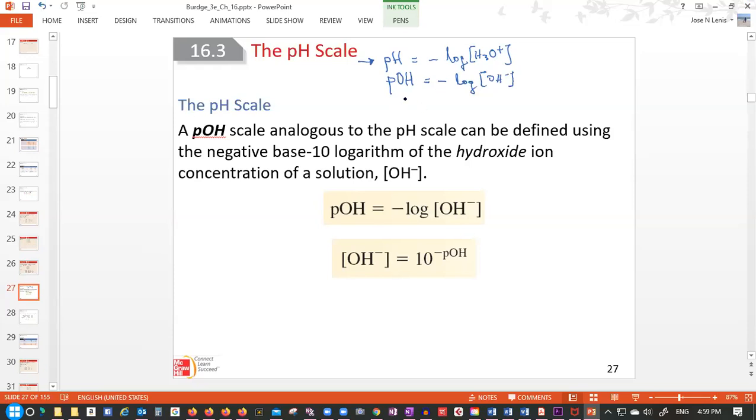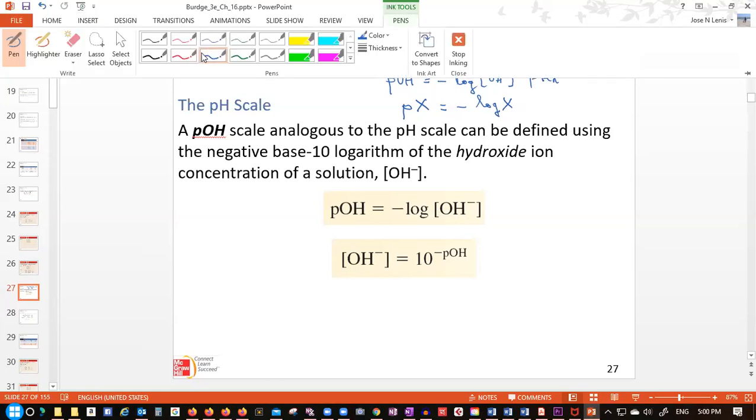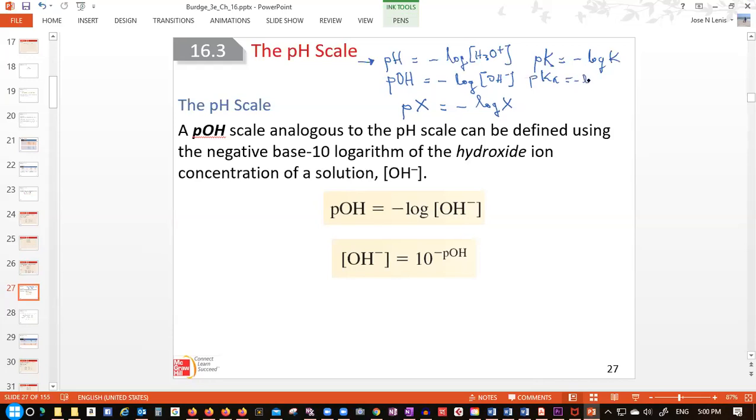In general, I'm going to write something here. The potential P of something, let's call it X, equals negative log of X. That has applications because later on, if, for example, I want to find the P of the equilibrium constant, that will be pK equals negative log of K. If we want to find the pKa, that will be negative log of Ka.